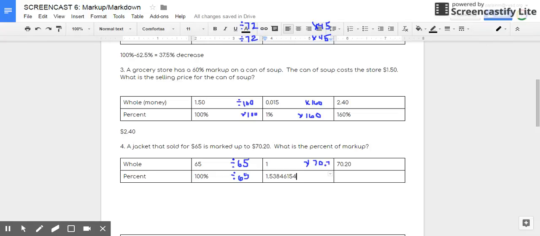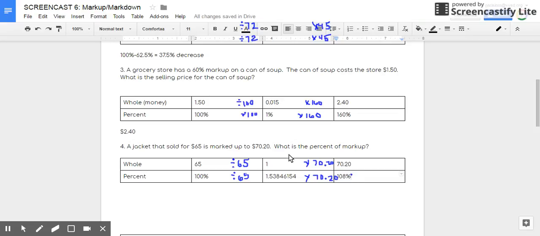So 1 times $70.20 will give us $70.20. We have to do the same thing in the denominator. So I'm going to take my decimal that's already in my calculator because I did not clear it, and I'm going to multiply that decimal by $70.20. And I get a nice number, and that is 108%.